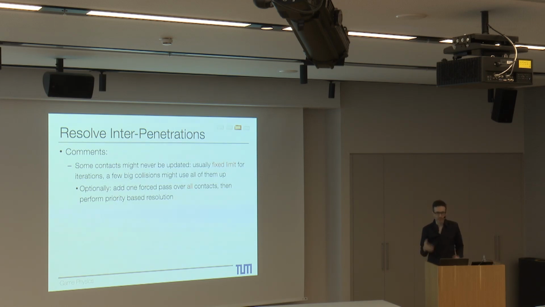It's a bit of a compromise, but lighter objects and all of the ones colliding in the scene are updated at least to some extent. The alternative, really iterating until all of the collisions are resolved, can be really slow in practice, and it's also hard to know how long this would take. So for real-time applications, this can be a bit dangerous if you want to guarantee a frequent update.